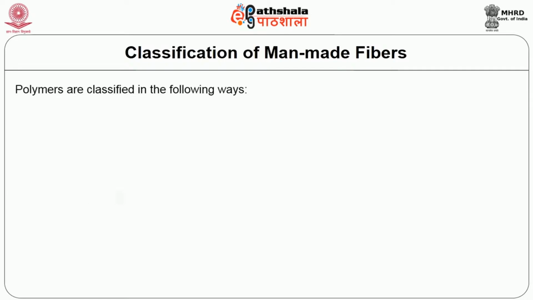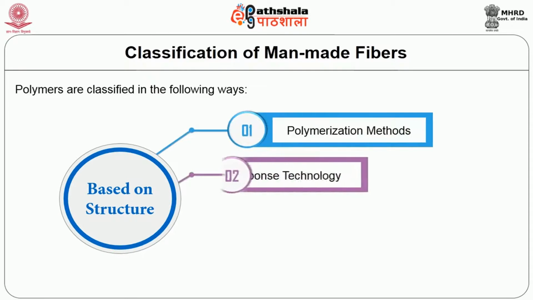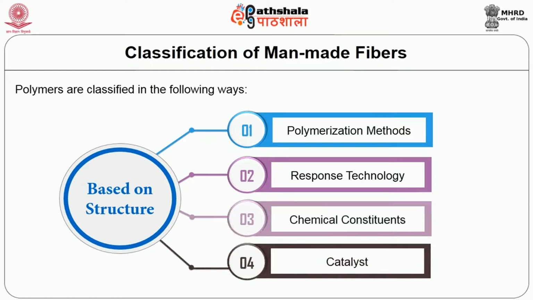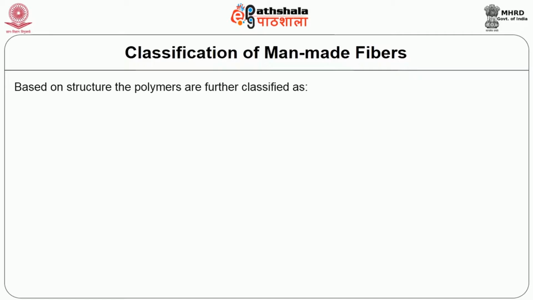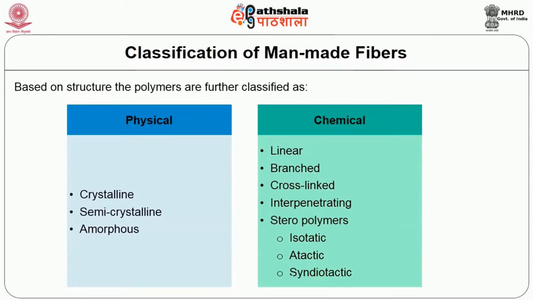Polymers are broadly classified in the following ways, that is based on the structure, the polymerization method, the response technology, and the chemical constituents and catalysts. Now, based on the structure, the polymers are further classified as physical, which is crystalline, semi-crystalline or amorphous in nature, and chemically it could be linear polymer, branched polymer, cross-linked polymer, interpenetrating polymer, or stereopolymer such as isotactic, atactic, and syndiotactic.